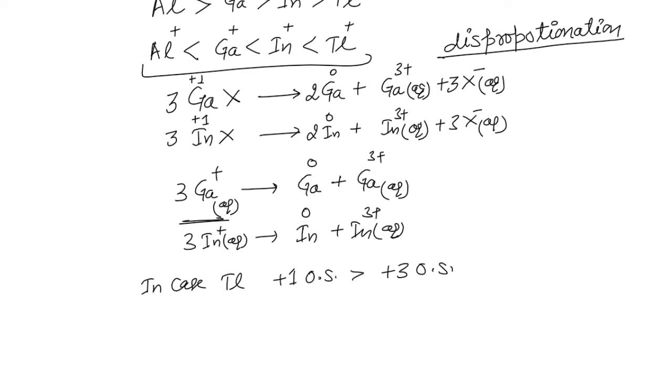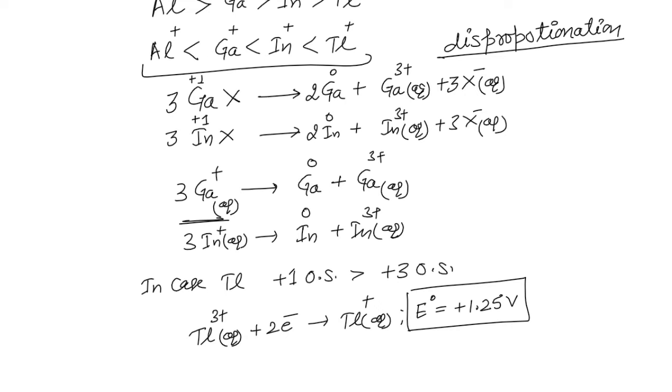That's why any compound of thallium in thallium 3+ is a strong oxidizing agent, and this is also true if we see its reduction potential. Its reduction potential is plus 1.25 volt.